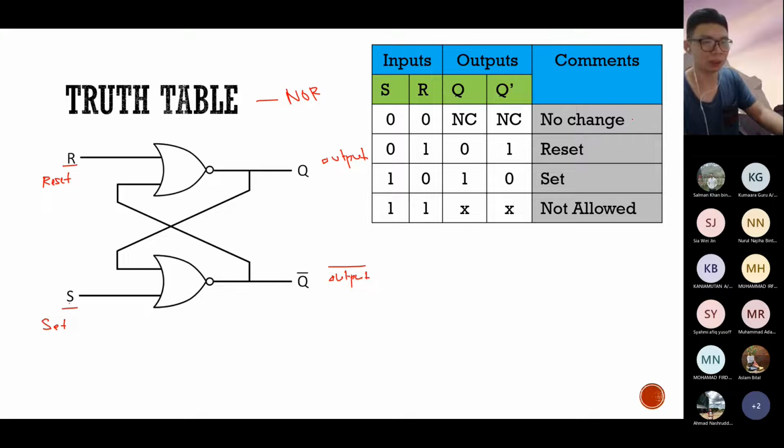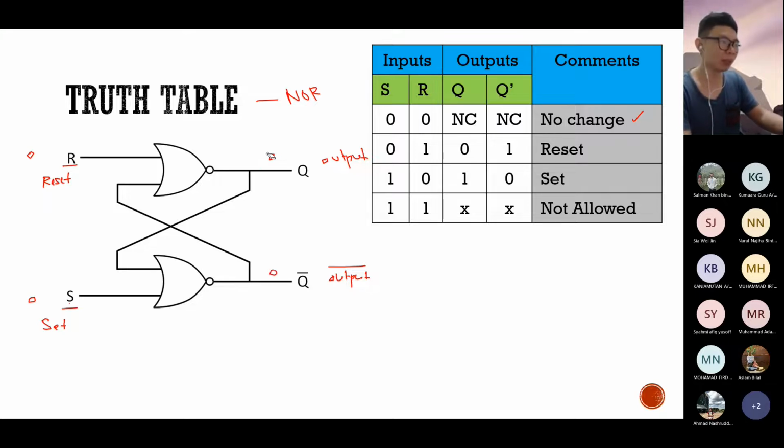So I wrote no change over here. It means that if you give a value of 0 and 0, the output will just stay at whatever value it had previously. Take a moment to digest this. If you give a value of 0, 0, it will not change anything with the previous output.